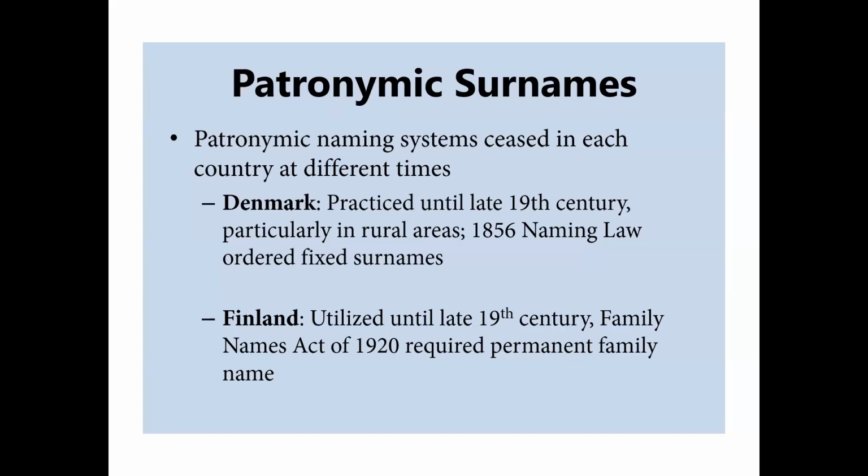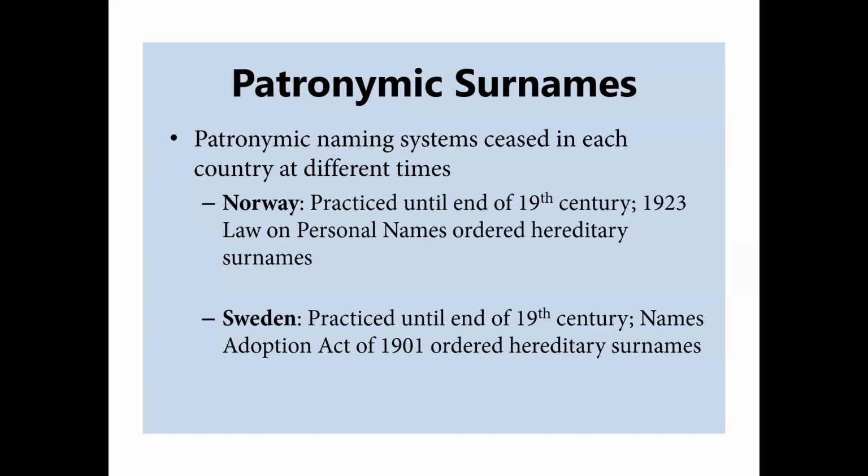We'll be talking about Finnish surnames later in the class, but Western Finland adopted a patronymic surname system, so you will see that utilized into the 19th century. On the handout, I have a little more information about these different naming laws. The same with Norway and Sweden. Pretty much all of Scandinavia, you will see the practice until the end of the 1800s.